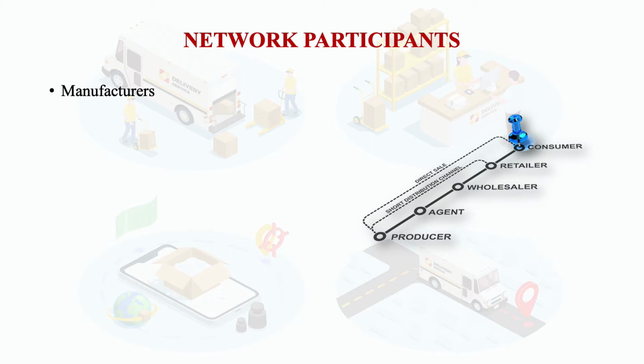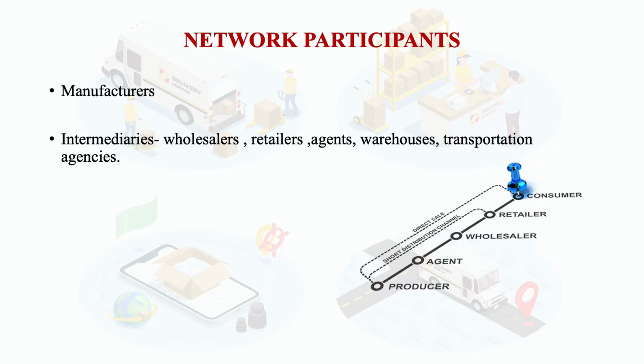Then there is this important group of institutions which we call the intermediaries. These could be wholesalers, retailers, agents, warehousing people or warehouses, and transportation agencies. So together they perform various functions so that the movement of goods from the manufacturer to the consumer can be facilitated.